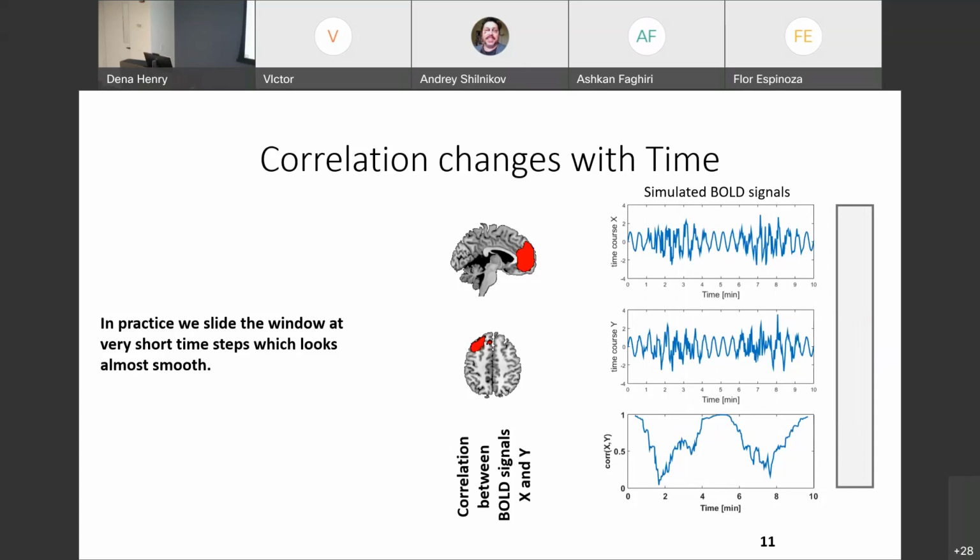These represent much better the connectivity and the connectivity changes that are happening with time than the single value correlation that we got if we just take all the time points and correlate all the time points.